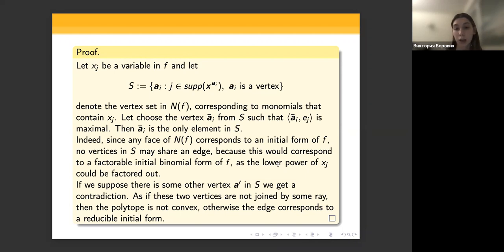We can just factor out the lower power of our x sub j. And if we suppose there is some other vertex in the set, we will get a contradiction, because if these two vertices are not joined by an edge, then the polytope isn't convex, because this set is the set of vertices of our Newton polytope. And otherwise, we will obtain an edge which corresponds to a reducible initial form.